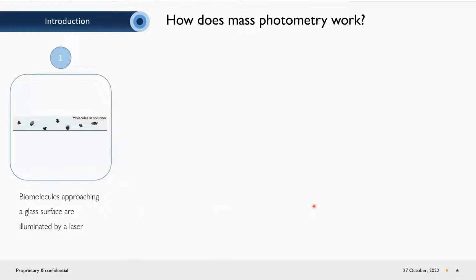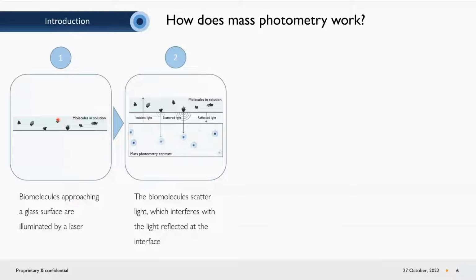So in more detail, we measure on the glass surface. You add your molecule in solution onto the glass. And naturally, the molecules would approach the glass surface. When they do, that's when we measure them. And what we actually measure, we shine a laser on them. And we see the interference of two phenomena.